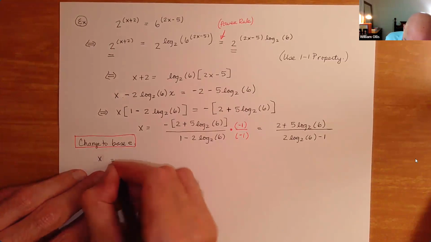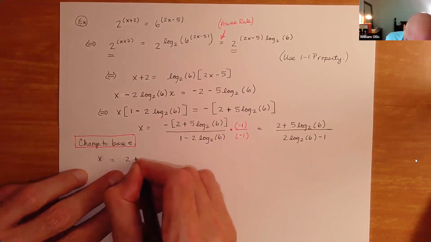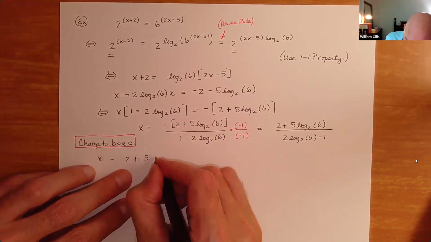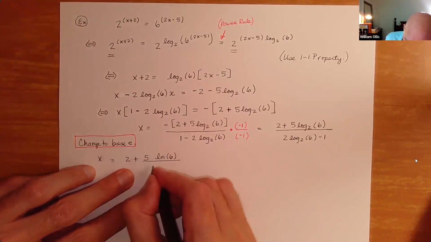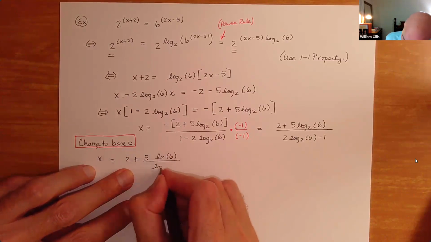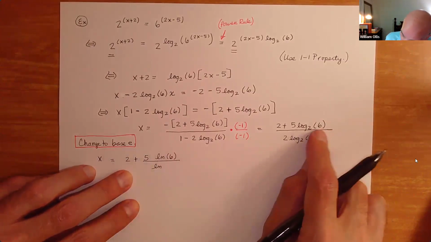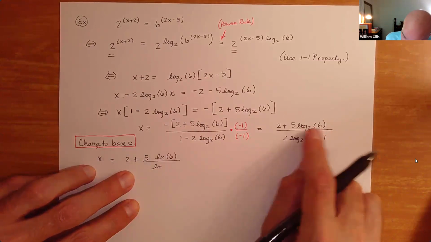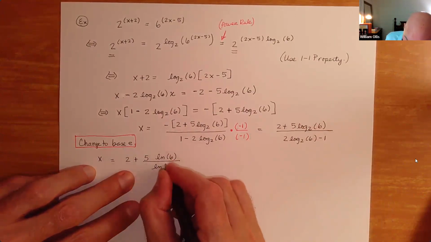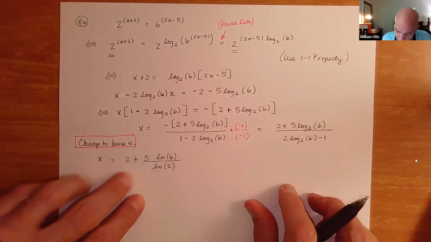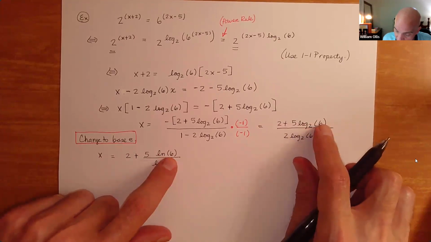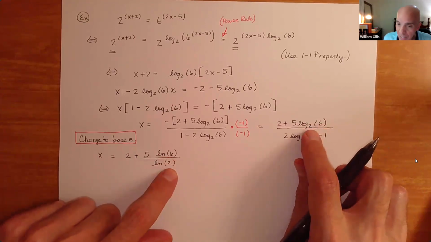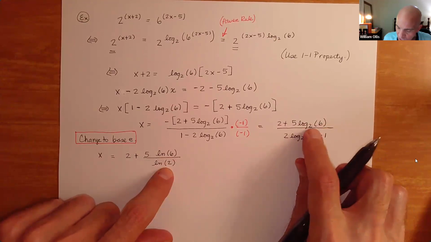So now we have 2 plus 5 times ln of 6 divided by ln of the base 2. Now, of course, notice here, when we change, we've got the ln of 6, and now we have to have ln of the old base, so to speak. So there's not a whole lot of difference here, so it's kind of subtle.